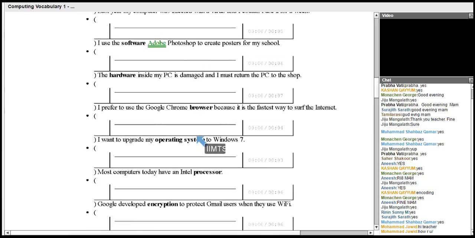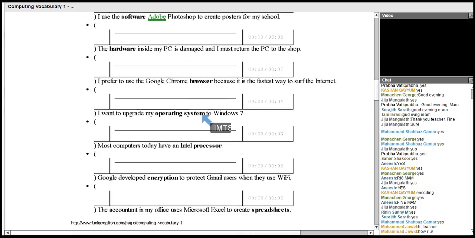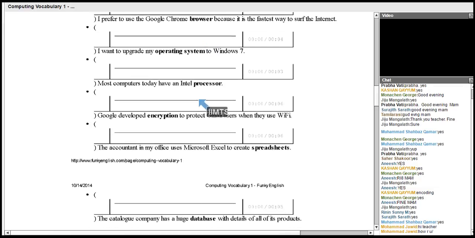I want to upgrade my operating system to Windows 7. Most computers today have an Intel processor, right? Google developed encryption to protect Gmail users when they use Wi-Fi. The accountant in my office uses Microsoft Excel to create spreadsheets.